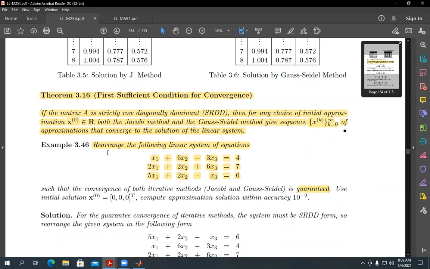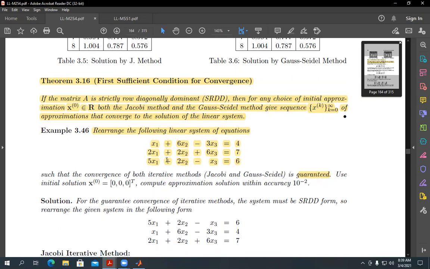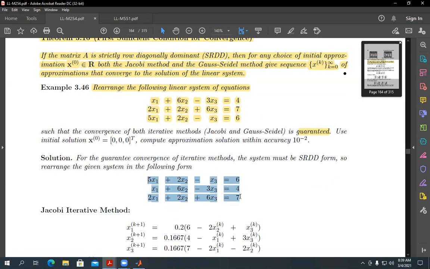How can you make it STD? You have to play with it, rearrange it. The only thing you can do here is take your last row as the first equation. You will get this shape now.